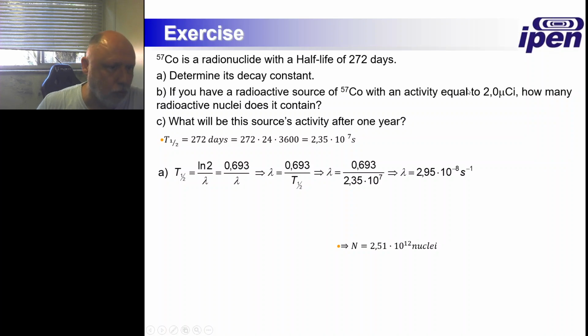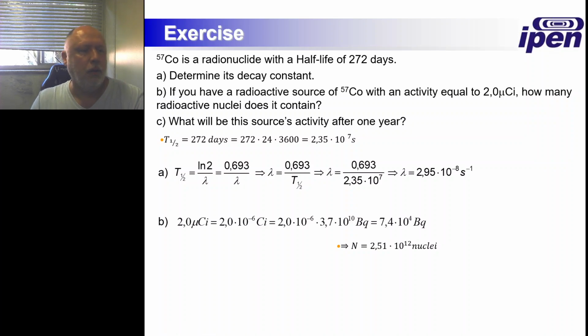You don't need to know that. It's just important you remember that curie and becquerel can be translated one into another, like inches to millimeters. So here you have 2 microcurie, equivalent to 74,000 becquerels.